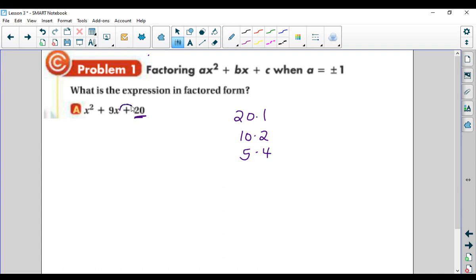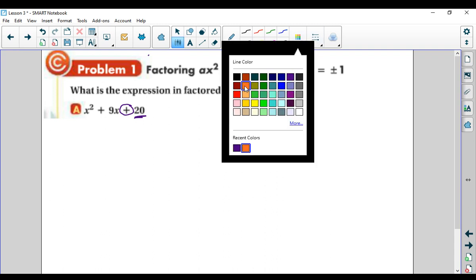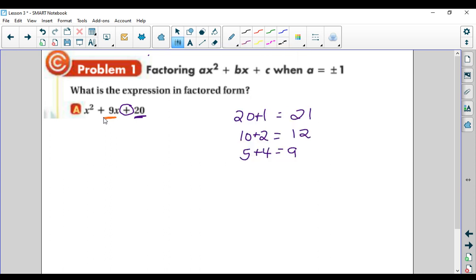Because it was a positive 20, you're going to add these numbers. 21, 12, and 9. You're looking for which ones added gave you 9. Well, 5 and 4 gave me 9. So those are the two numbers that are going to give me my answer.